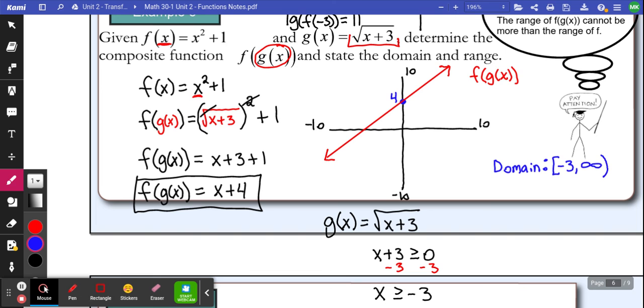A round bracket in front of the negative three would just mean no equal to -3. It's a good clarification question. The question was, if there's a round bracket on -3, does that mean it could equal -2?